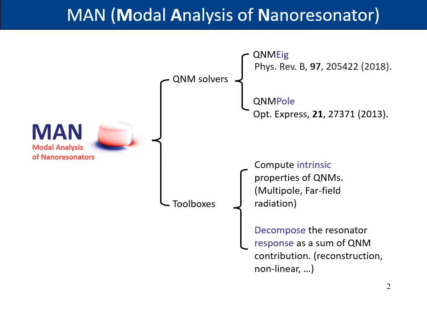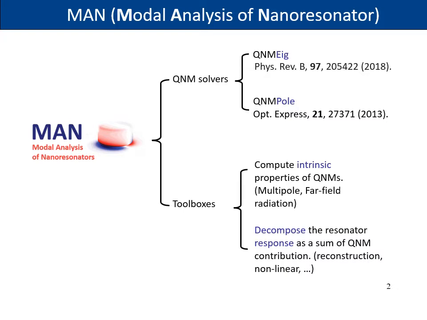At the beginning, I would like to first give an overview of the software. MAN combines the two first software packages, QM-PO and QM-Add, which were launched in 2013 and 2018 respectively.